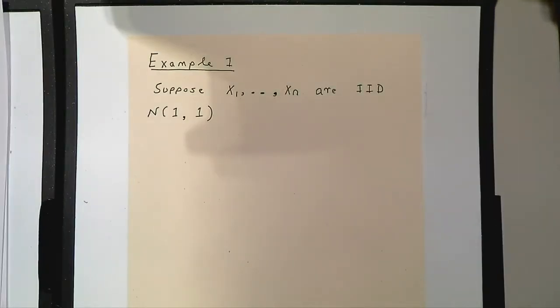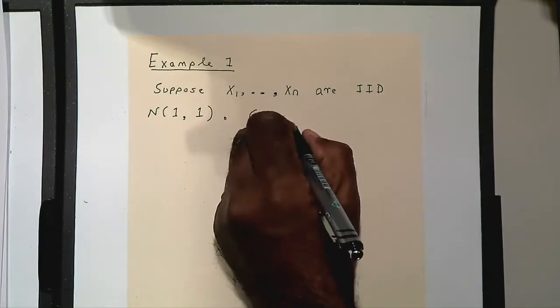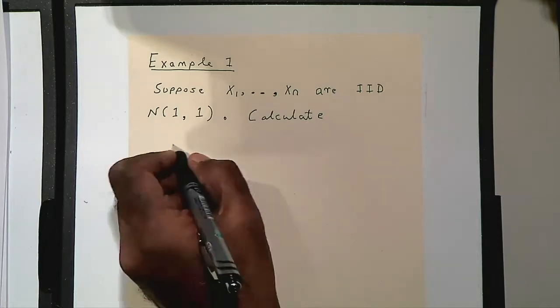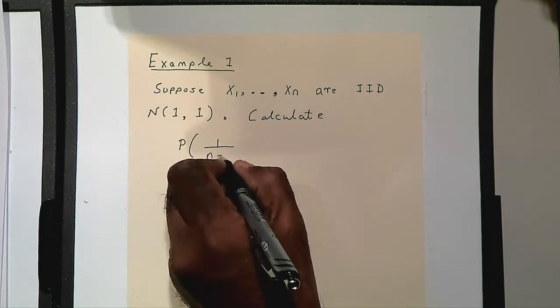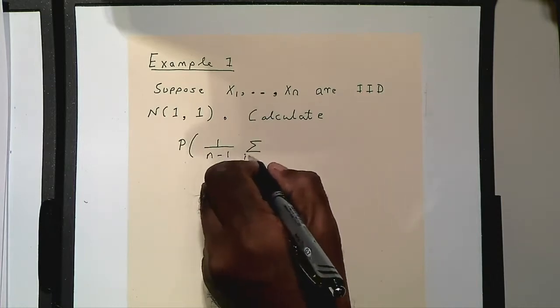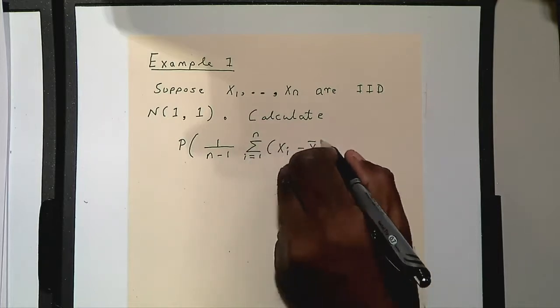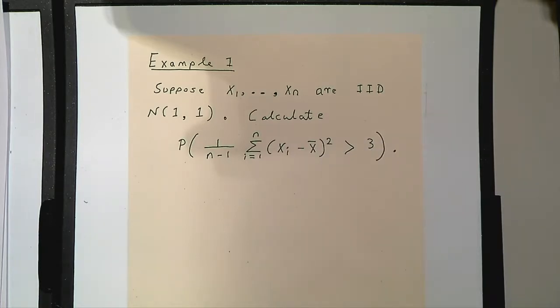Suppose you have n random variables from a normal distribution with parameters 1 and 1, right? Calculate the probability that this quantity here is greater than 3.